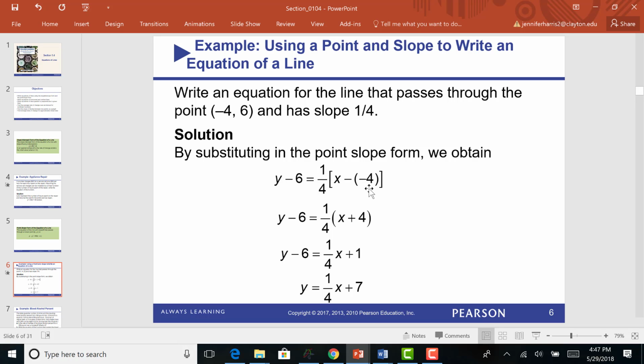You have to calculate the slope, m, identify x1, y1, and then, of course, plug these into the point-slope formula. And then, of course, solve for y.